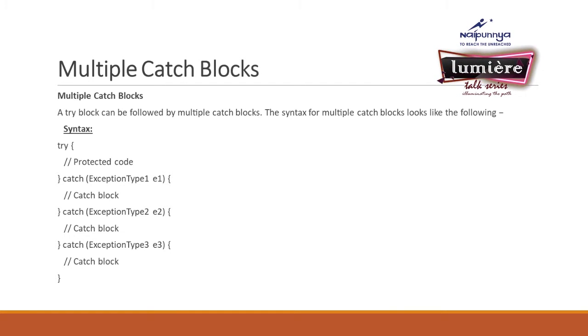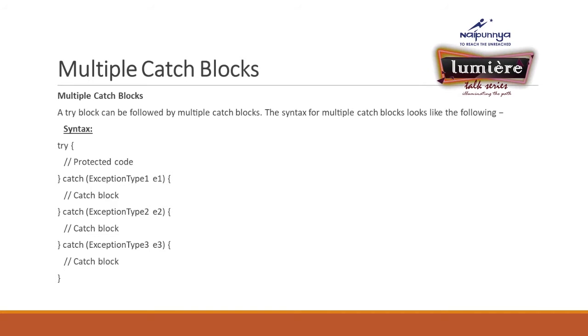So once an exception is generated inside the try block, the object that is thrown will check whether the first catch block is matching. If it is matching, then that catch block will handle that exception. If it is not matching, then it moves to the next catch block.